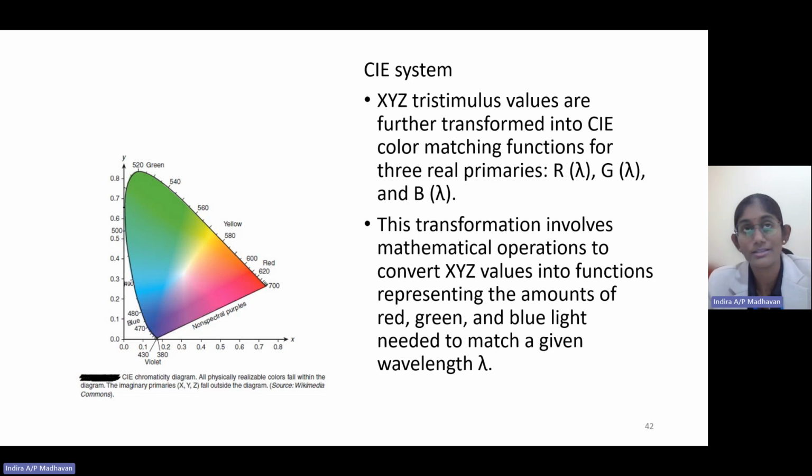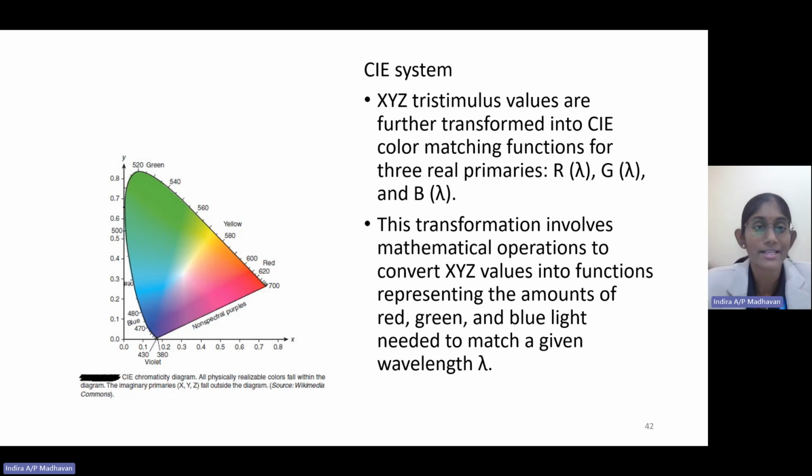So that should be the convincing part. But when looking back at the theory, it doesn't make sense. But when you use this CIE system to develop and reproduce colors, it is producing similar colors. So looking at the output, it is acceptable, but looking at the theory, it is not very convincing.